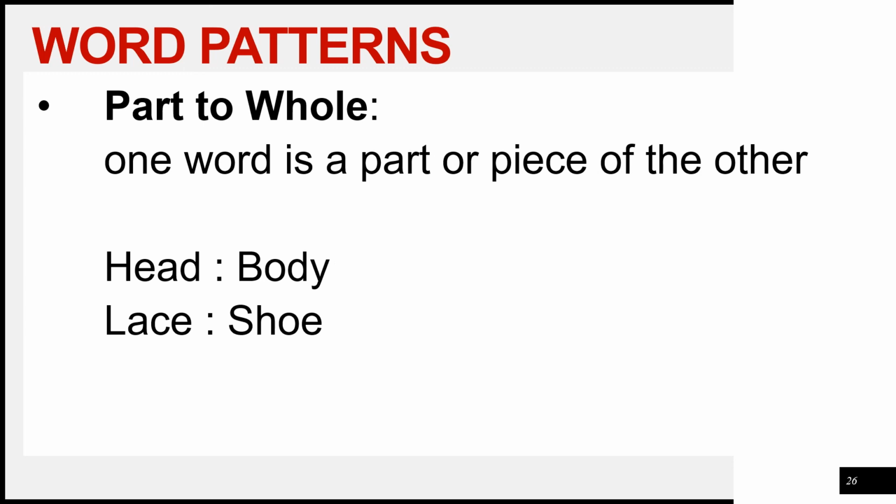Another type of word patterns are the part to whole. One word is a part or a piece of the other. Examples for this are, we have the head is part of the body, the lace is part of the shoe, the fingers are part of the hand, or the stomach is a part of the digestive system, and many more other examples.